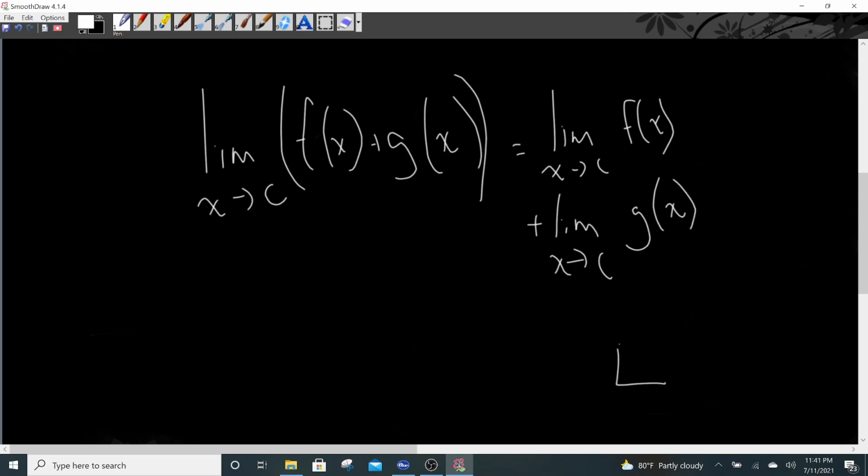Some people do the little box thing to show that's the proof, but still, this is our original idea. And yeah, I think that was pretty intuitive.